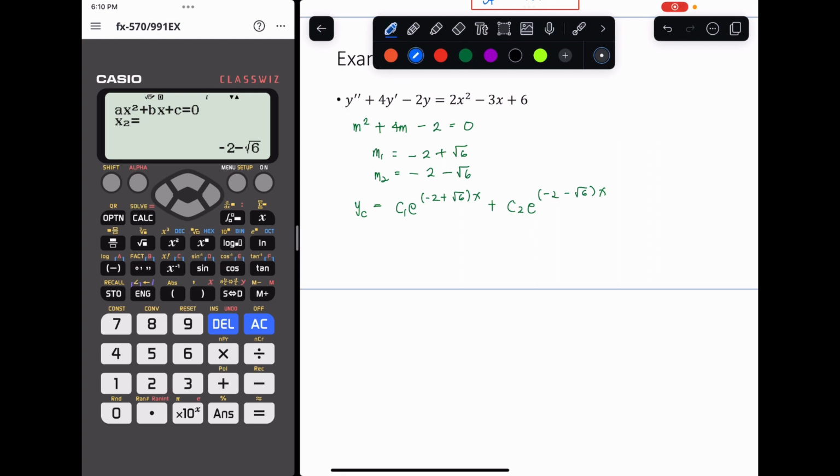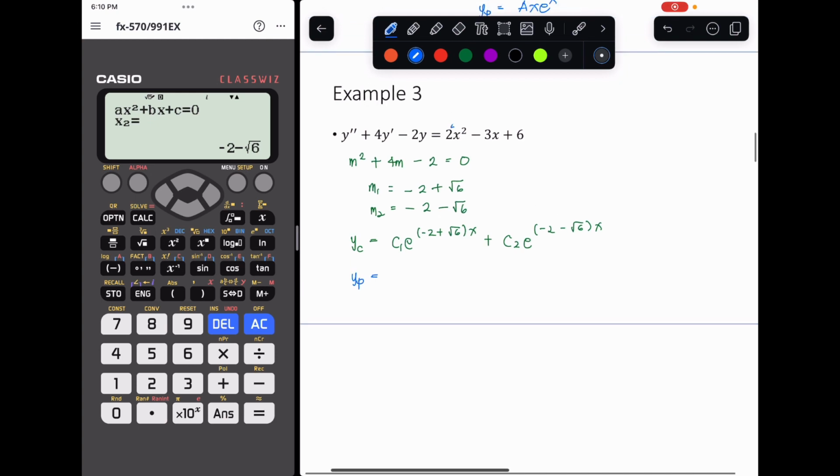For our particular solution, this is our g of x, which is 2x squared minus 3x plus 6. It is algebraic in nature, a polynomial function. Since the highest power there is a square, we just enumerate the terms from x squared until the constant.